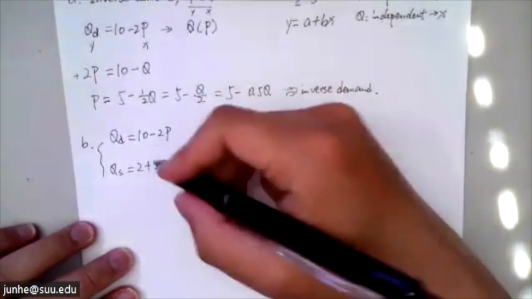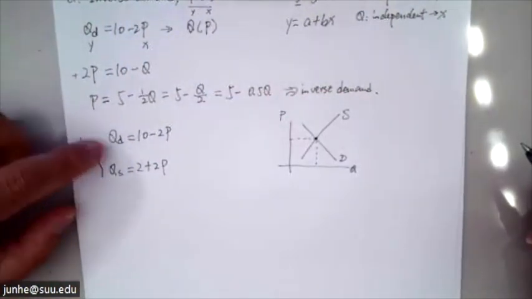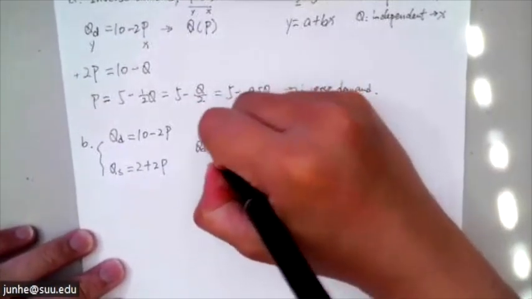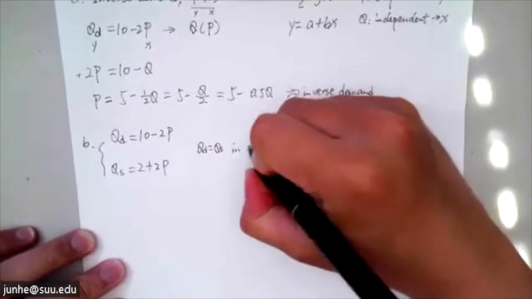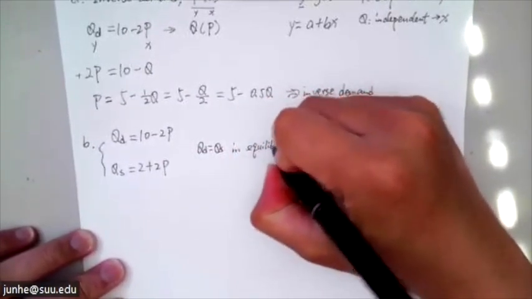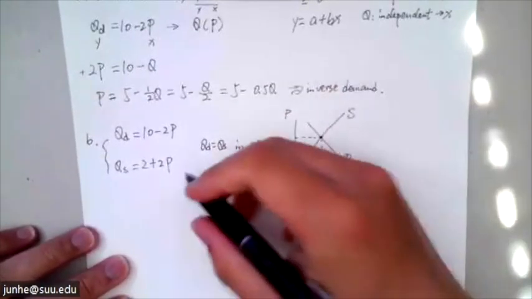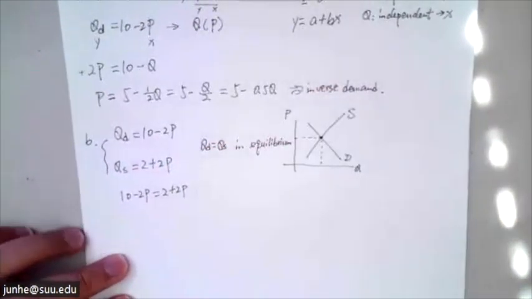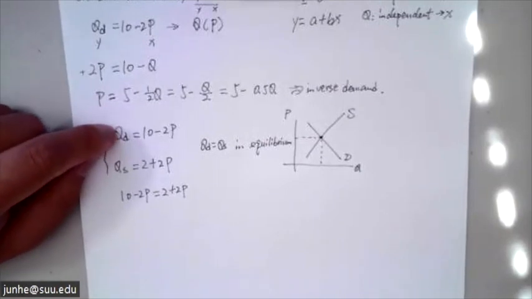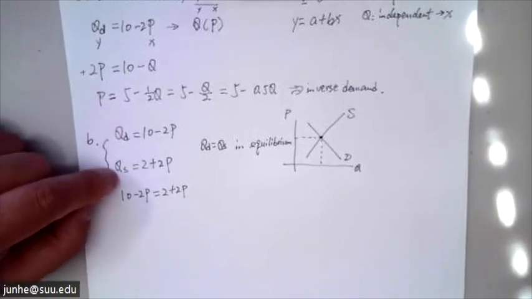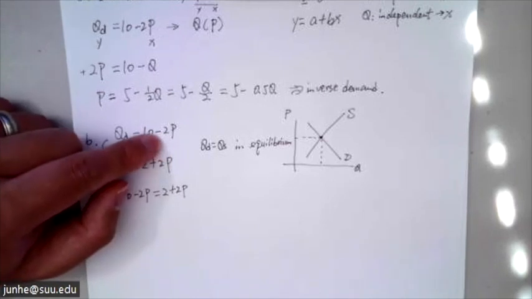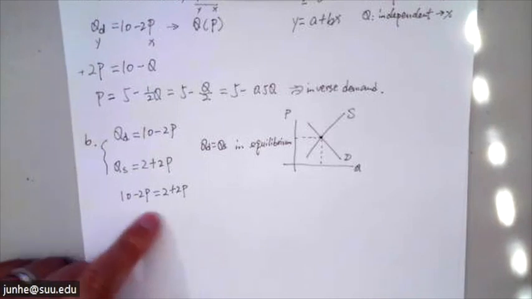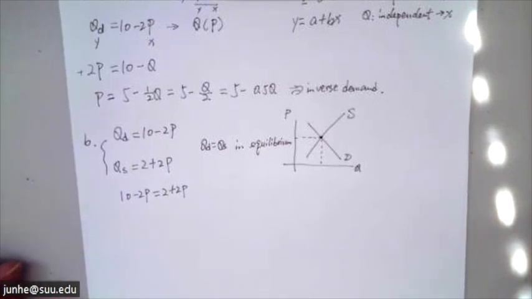This is not difficult to solve by hand because here these two Q's are the same, right? In the equilibrium, QD equals QS. So that means 10 minus 2p equals 2 plus 2p, right? Since the left-hand side of the first one equals the left-hand side of the second one, then the right-hand side of the first one equals the right-hand side of the second equation. Then we just need to rearrange things a little bit.